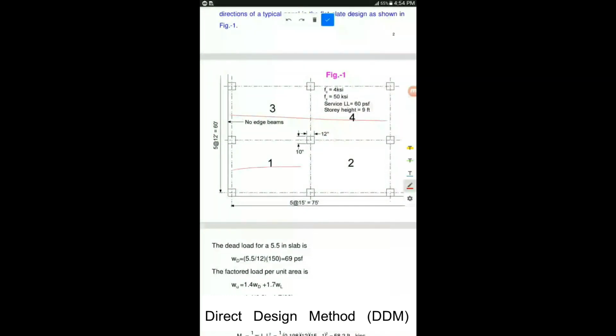For this long direction, L2 will be this dimension, which is equal to 12 feet. And for calculating Ln, the center to center span is 15 feet. Out of 15 feet, I need to subtract half column dimension from here, and similarly half column dimension from here. This half width is basically 6 inch from this side and 6 inch from this side. So overall you need to subtract 12 inches from 15 feet.